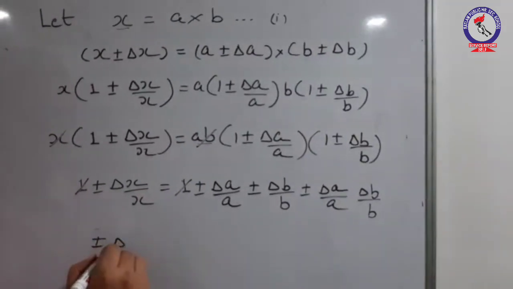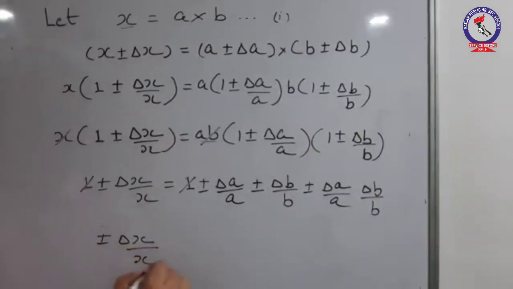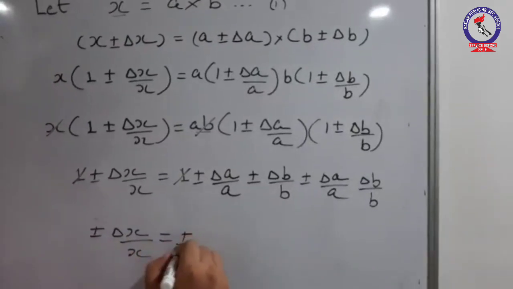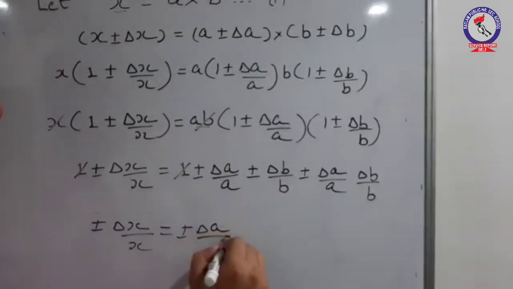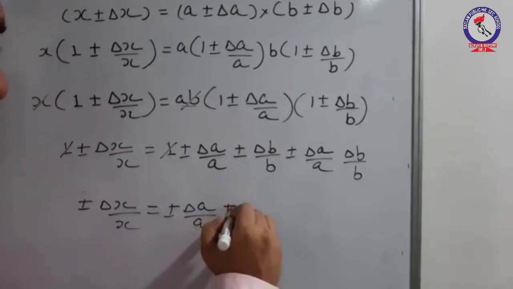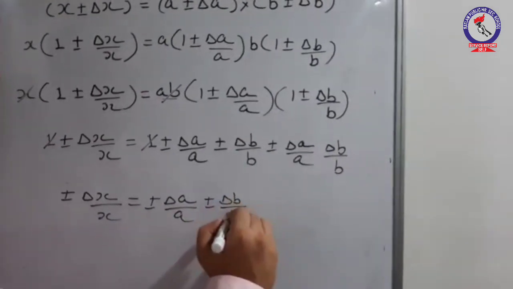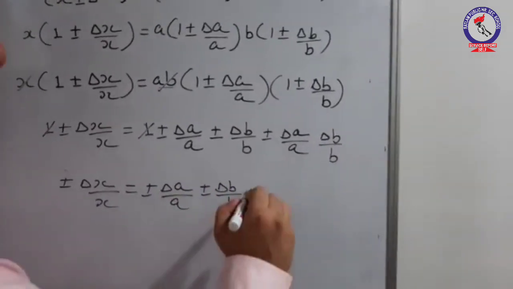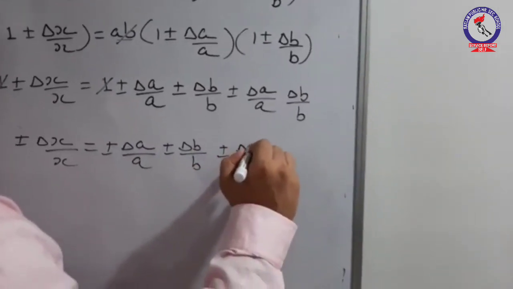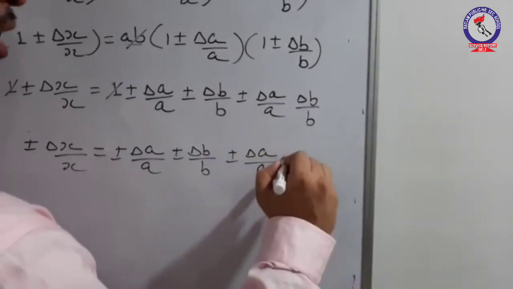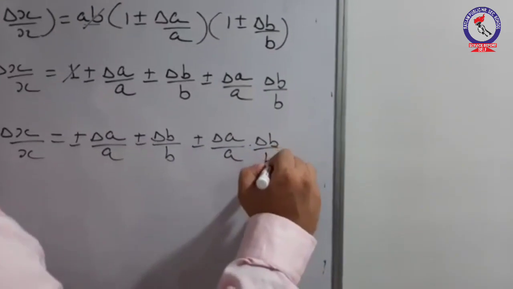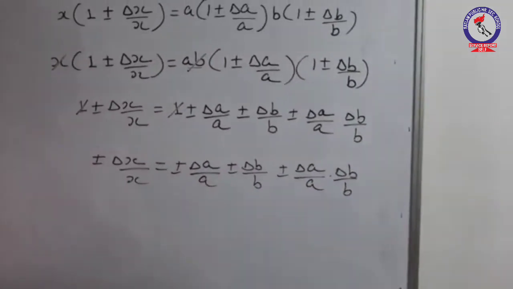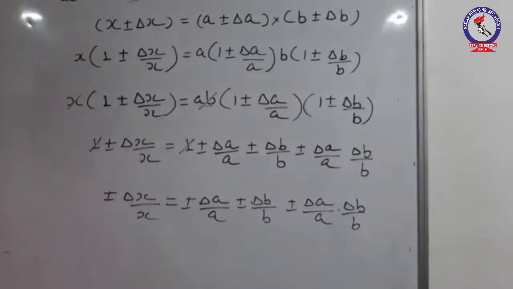What do we have? Plus minus del X by X is equal to plus minus del A by A plus minus del B by B plus minus del A upon A into del B upon B. Now, this represents the final simplified expression.